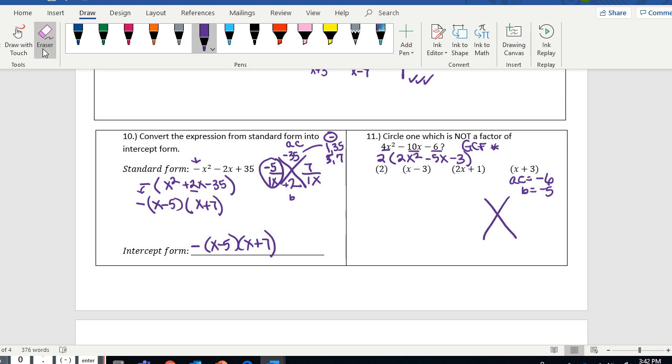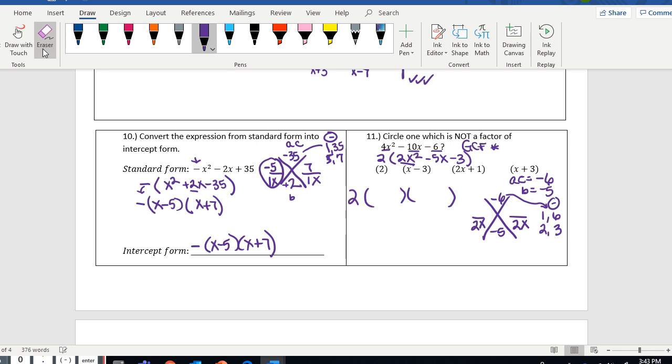So I'm going to set up my diamond. -6, -5. Now this is the first one where we get to see that A is something other than 1x. It's a 2. So I'm going to put A, which is 2, with the x down here. When I'm done, I'm going to be able to fill this in very quickly. Remember, I've got to think of the factors of 6. 1 times 6 and 2 times 3.